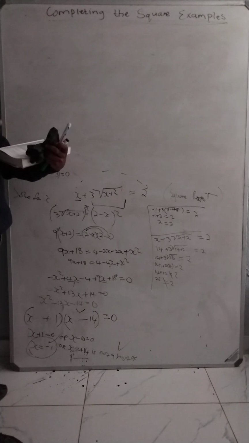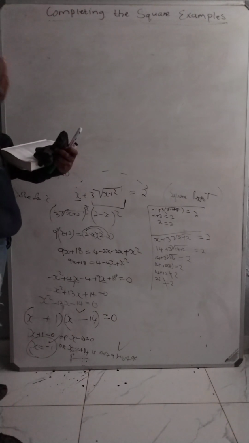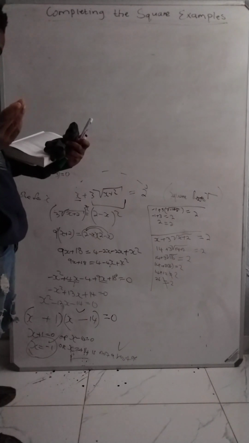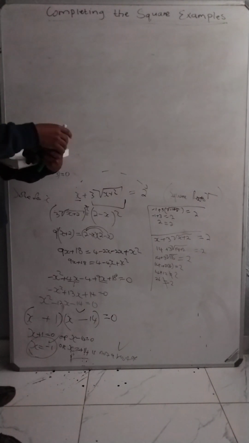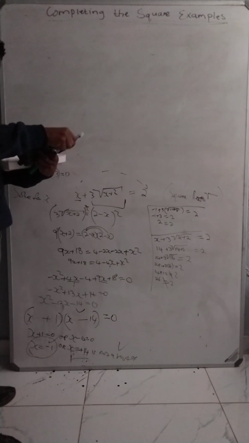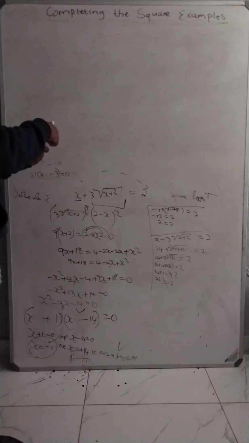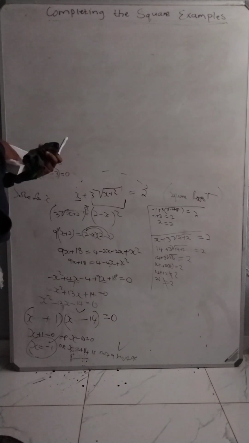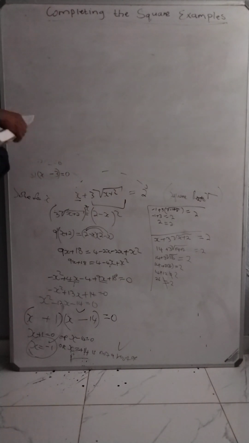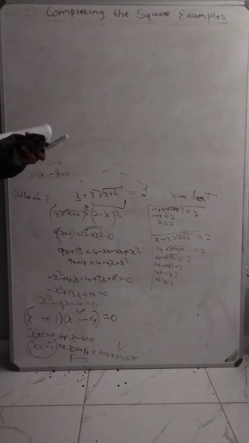Complete the square only if specifically told to do so. Otherwise, just use the quadratic formula. And then the discriminant, the discriminant or the delta should not be negative, and then the roots are actually the x values. Okay, so that is in summary.